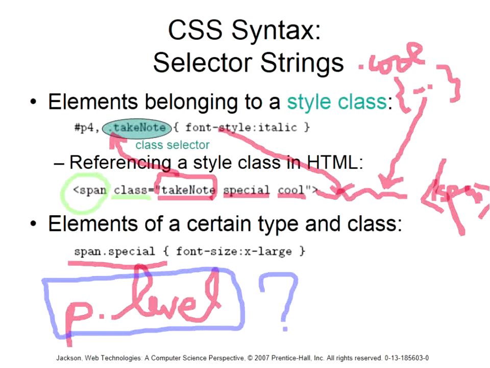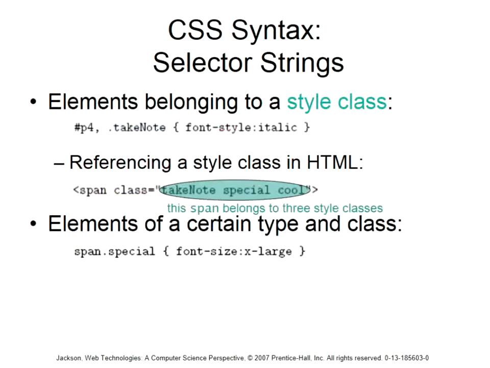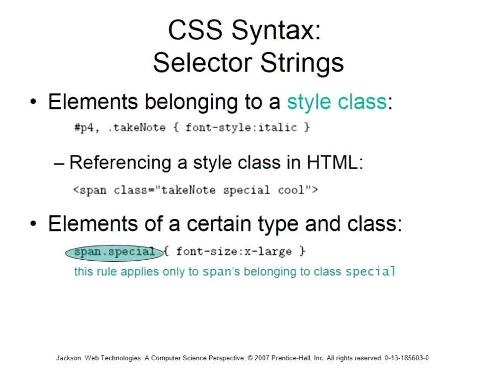Here we will select all the span tags with the class equal special. So span.special applies only to spans belonging to class special, not all spans. Is this selector clear?